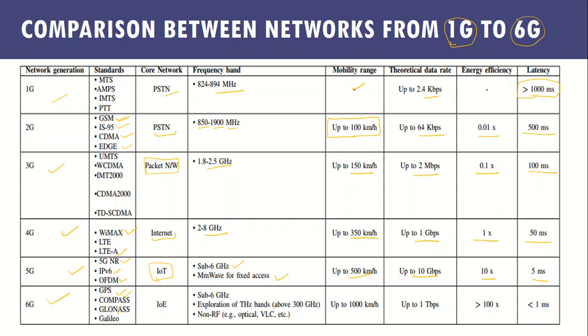GPS is used by the US and GLONASS is used by Russia. And IoE is the Internet of Everything: everything is connected to the internet in the core network of 6G.